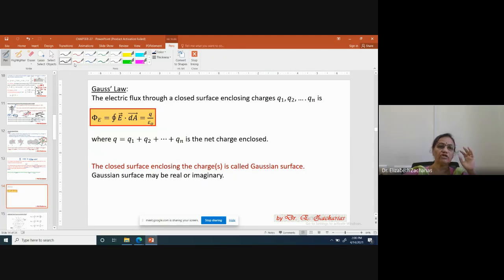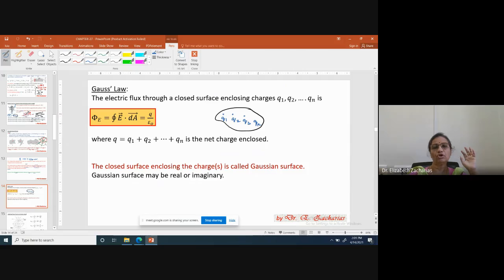So what does Gauss law say? Gauss law says that the net electric flux through a closed surface, let's say we have a closed surface like this, enclosing a number of charges Q1, Q2, Q3, etc. till Qn, then the net flux through this closed three-dimensional surface will be the integral of E dot dA, equal to Q by epsilon naught.